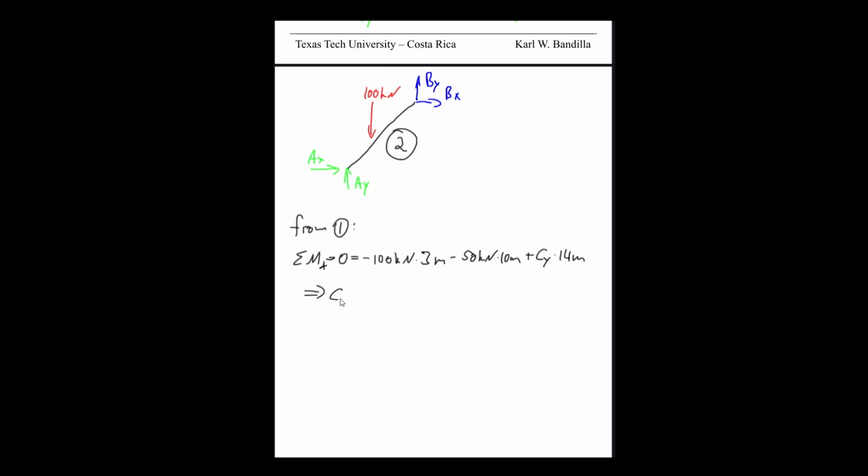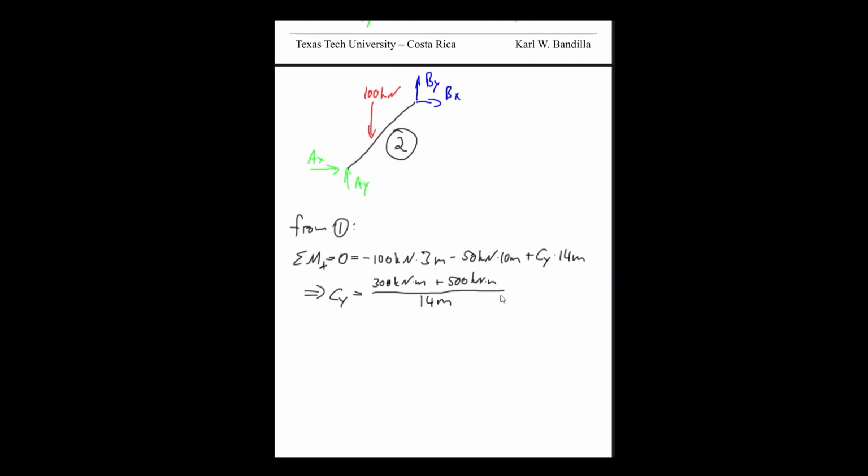Only unknown is CY, so we can easily solve. CY was positive, so we flip all the signs. So we have 300 kilonewton meters plus 500 kilonewton meters divided by 14.